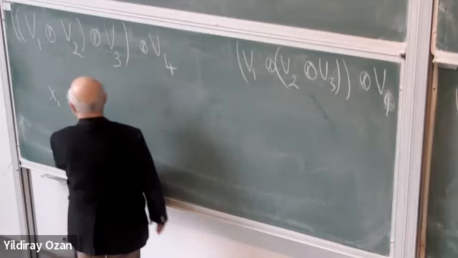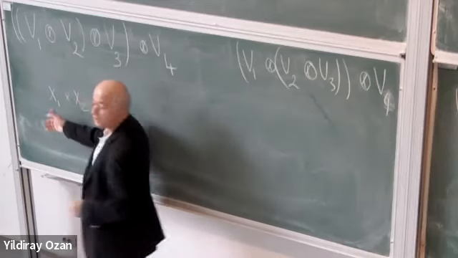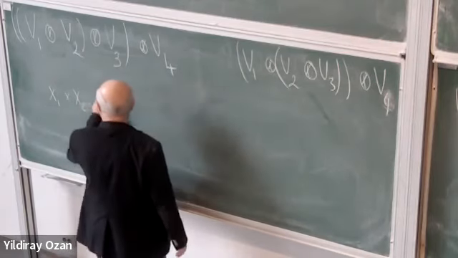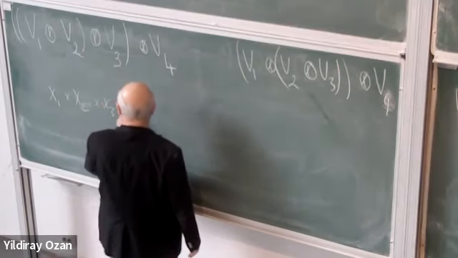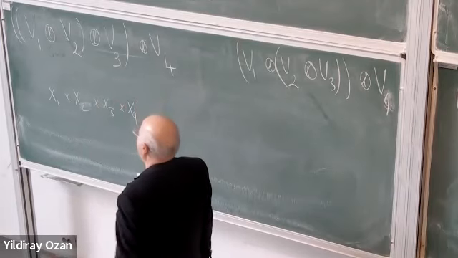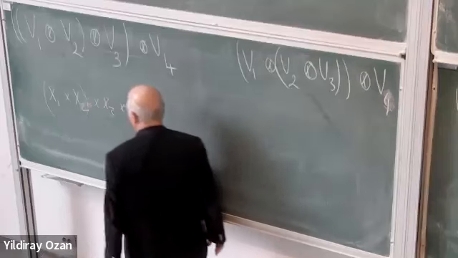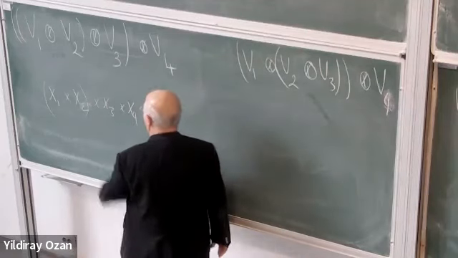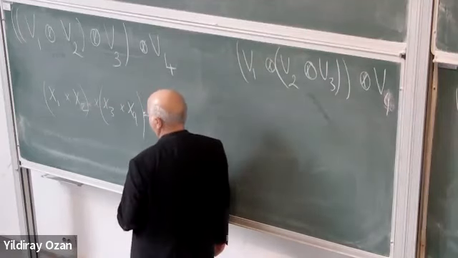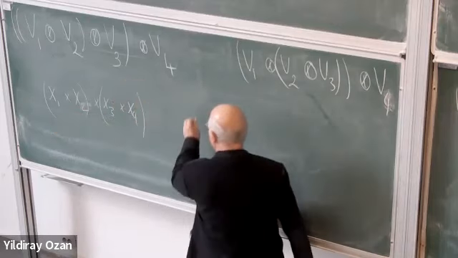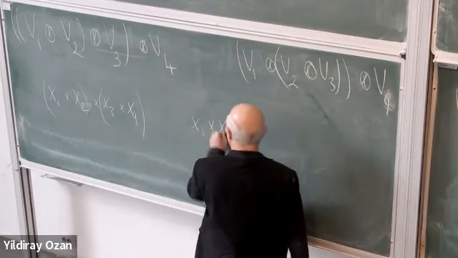Let me talk about just the Cartesian product: x1 times x2, and then x3, x4. I can do things like this. First, take the Cartesian product of these two, and then the Cartesian product of these two, and then take the Cartesian product of these two. Is this the same thing as this one?